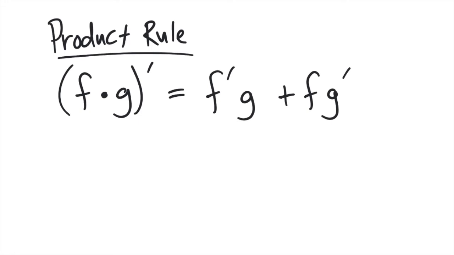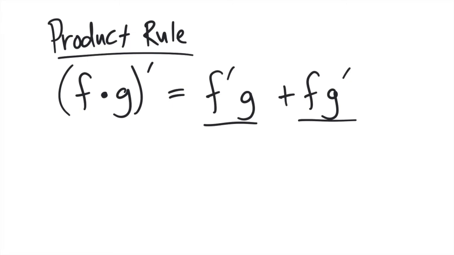You'll notice that there are two different terms in here, and each of those terms contains a derivative, so we still do need to find f prime and g prime, but we don't just multiply f prime and g prime together. There's also an f and a g in there as well. And don't worry, we'll see a lot of examples of this. But f prime times g plus f g prime.